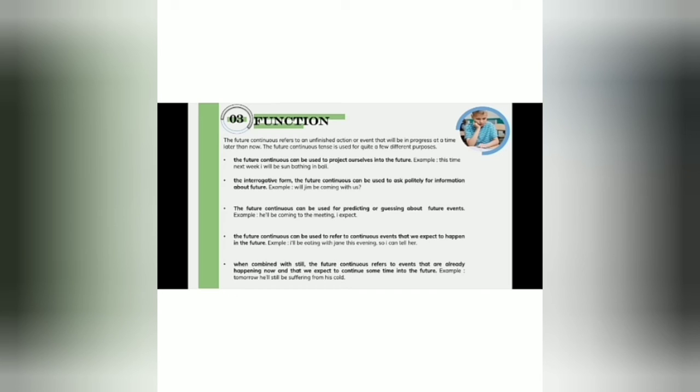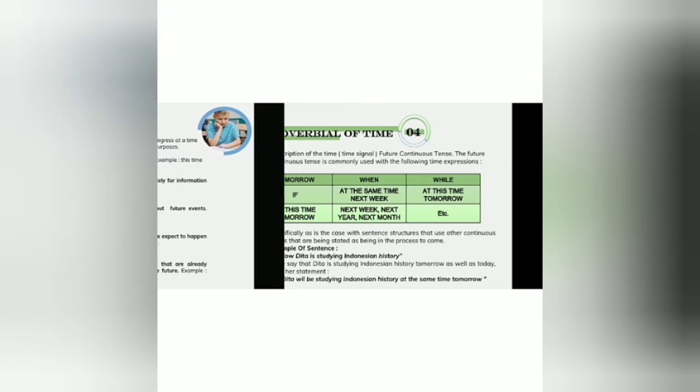Example, I'll be eating with Jen this evening, so I can tell her. Fifth, when combined with still, the future continuous refers to events that are already happening now and that we expect to continue sometime into the future. Example, tomorrow he will still be suffering from his cold.